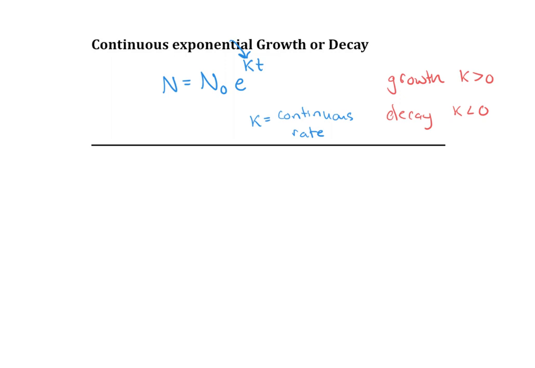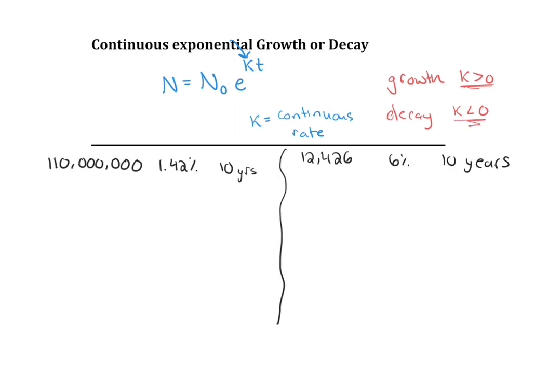Similar though, if we're dealing with exponential growth, we want our K value to be positive, but if you're dealing with decay, we want our K value to be negative.